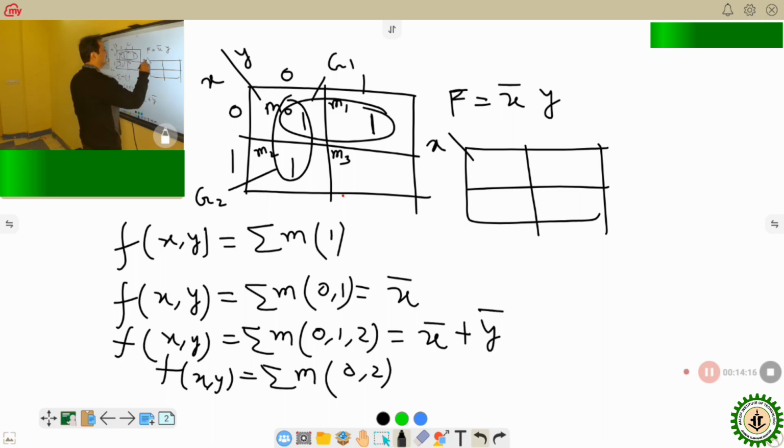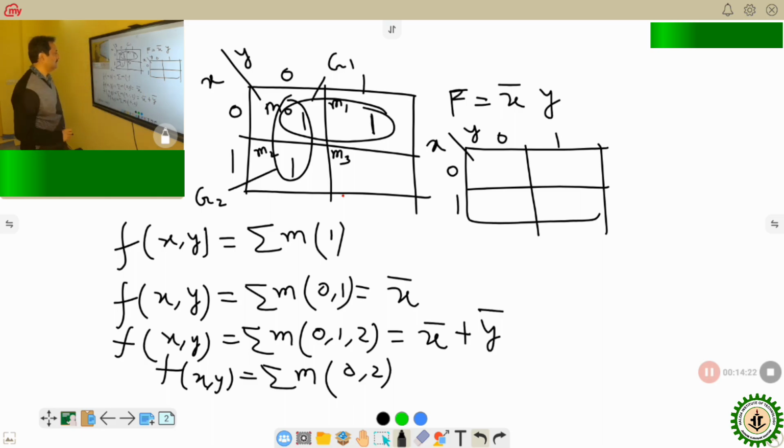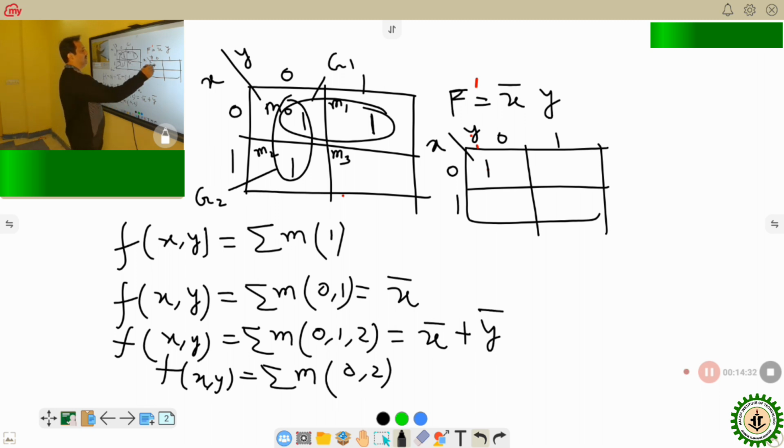So this is x and this one is y, this is 0 and this is 1, this is 0 and this is 1. And the minterm position 0 is 1, and minterm position 2 is 1. So what will happen? It will make a group, and the rest of the values are 0.